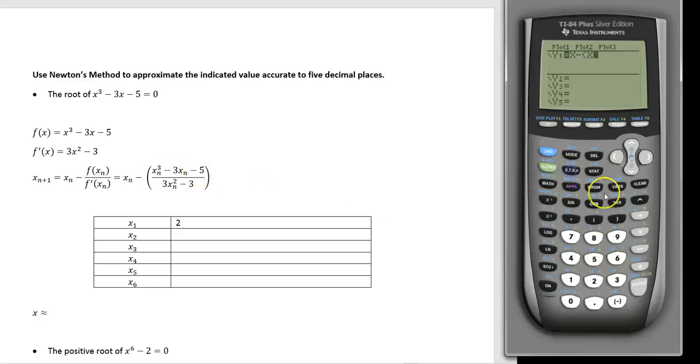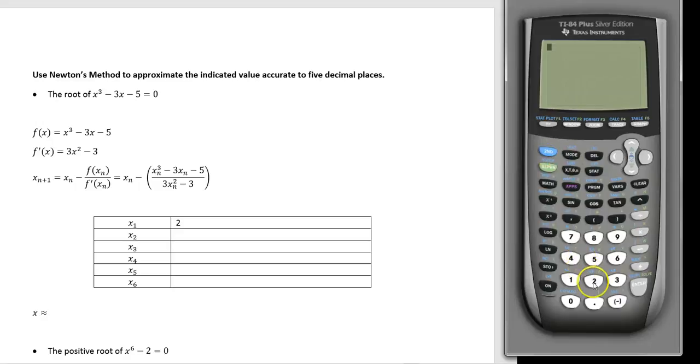So in the top we'll have x cubed minus 3x minus 5, and we are dividing this by the function 3x squared minus 3. So note every xn is just becoming an x. The function in the top, the function in the bottom, I've put parentheses around both of them. I'm just going to hit enter, and then we exit to the normal window, so second quit.